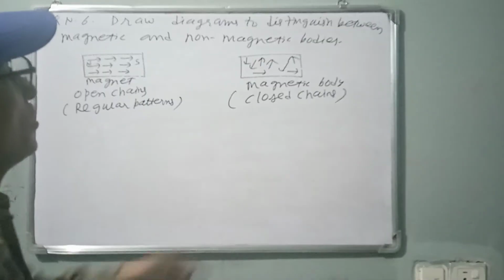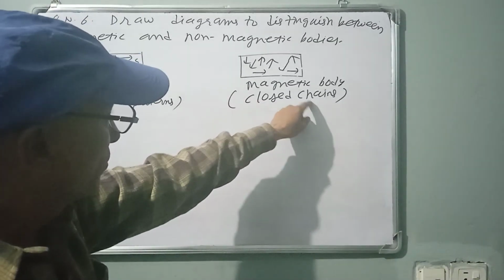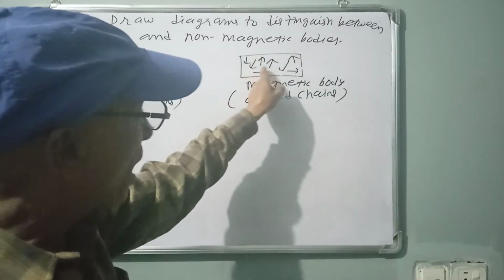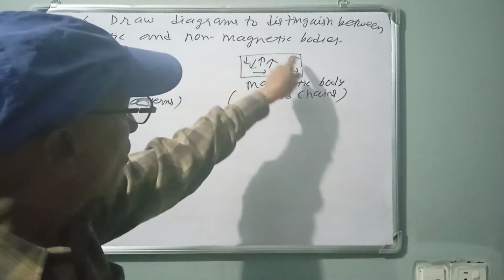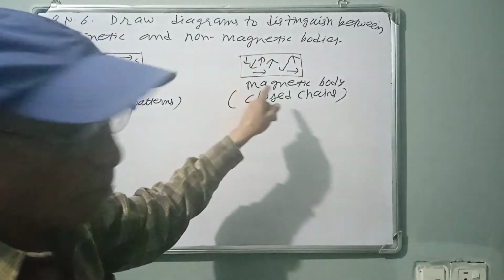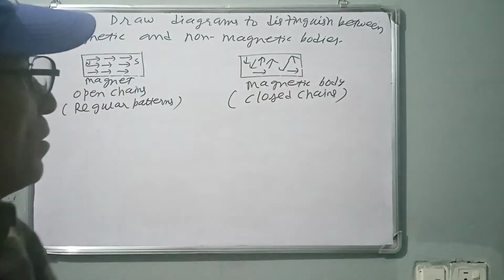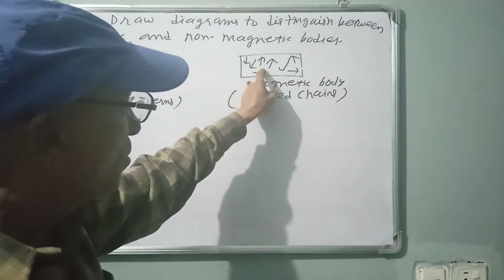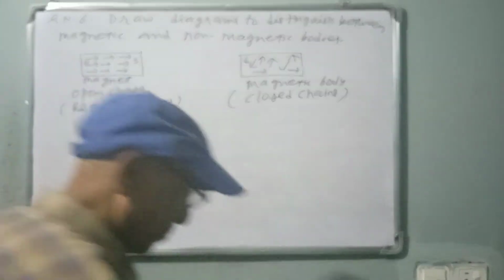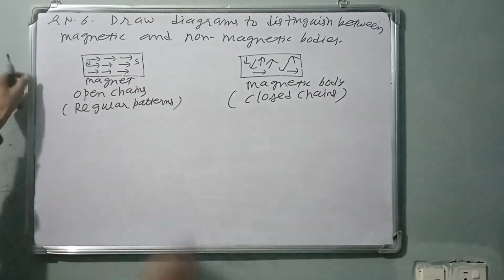If it has closed chains or irregular patterns of molecules, randomly placed molecules, all the molecular magnets attract each other and there is no magnetism. So it is a magnetic body. That is the difference between a magnet and a magnetic body.